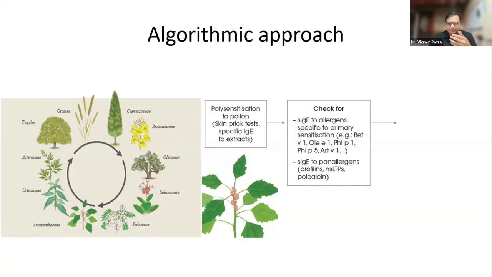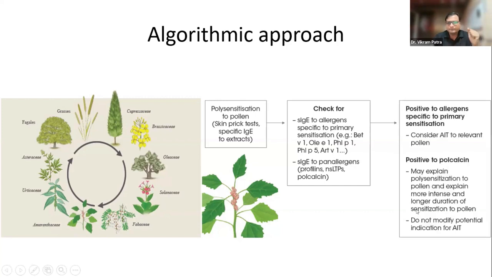If we get the primary sensitizers like Bet v 1, Ole e 1 for the olive, Phl p 1 for the Timothy grass, Art v 1 for the Artemisia, then we are sure these are the primary sensitizers. But if we get pan-allergens like profilins, polcalcins, and LTPs, then we are sure that this is not co-sensitization. This polysensitization is because of cross-sensitization.